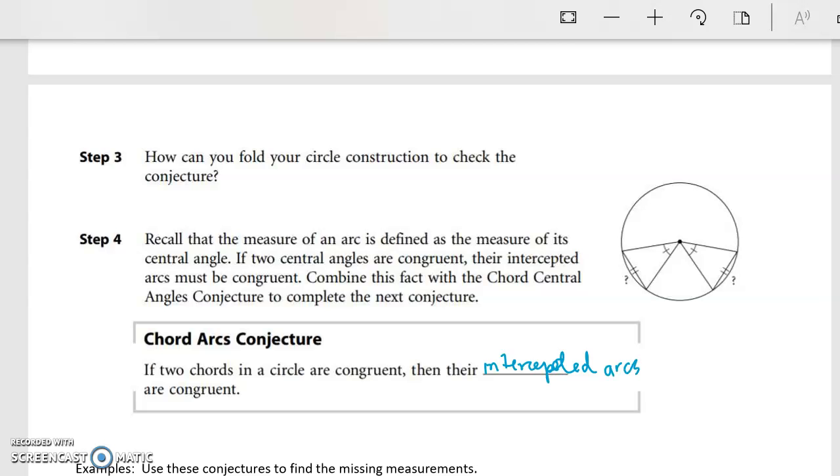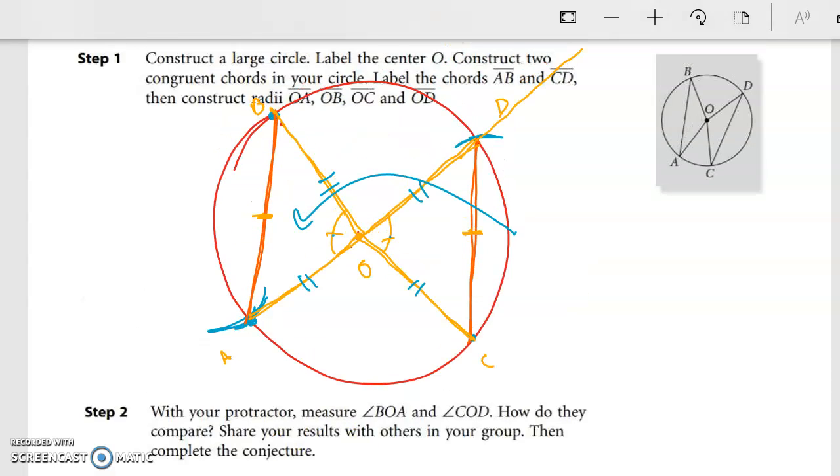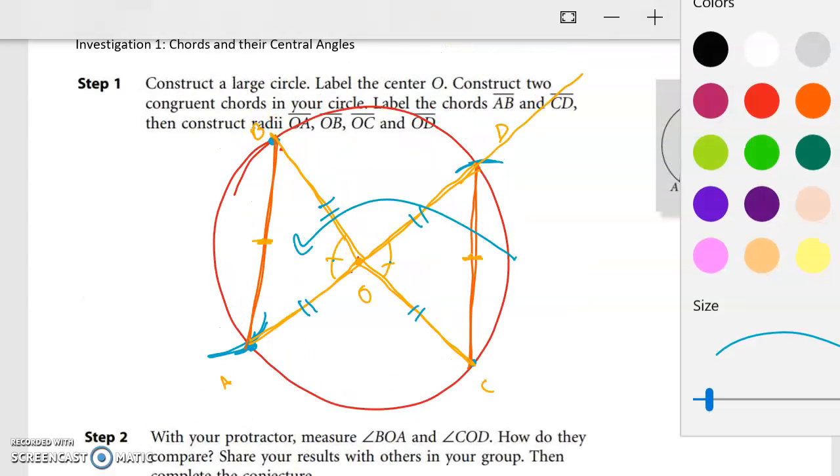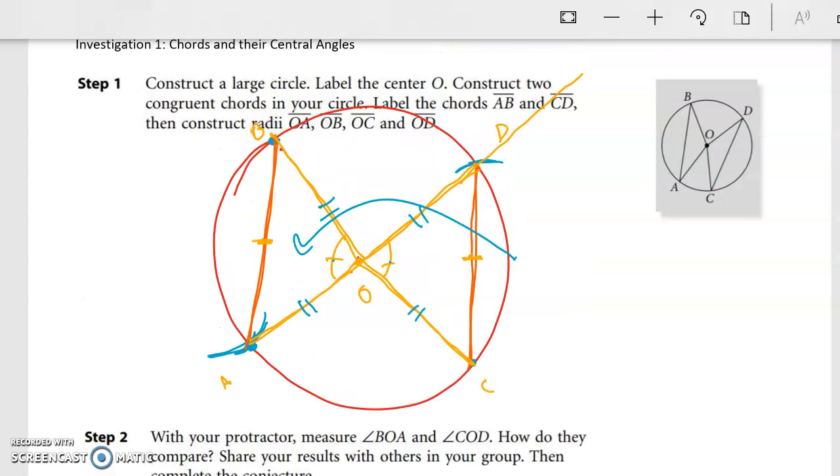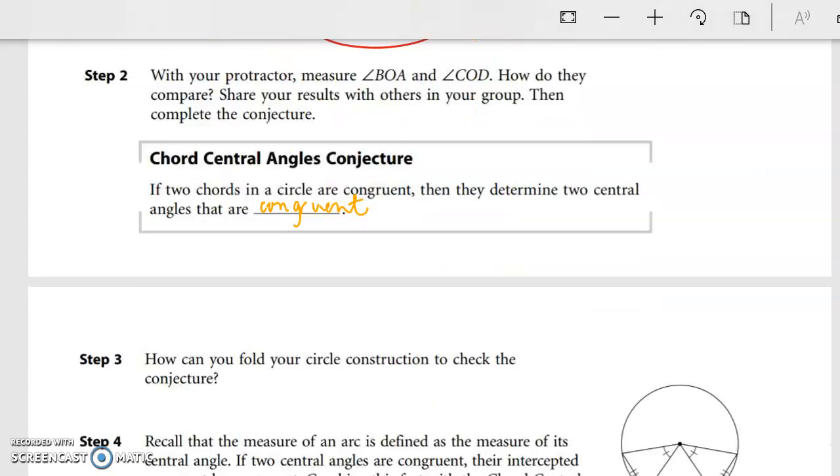So let's go back to our picture real quick. So again, what that means is that arc DC is congruent to arc AB. And that's because the chords were congruent, so the central angles are congruent, which means the intercepted arcs are congruent.